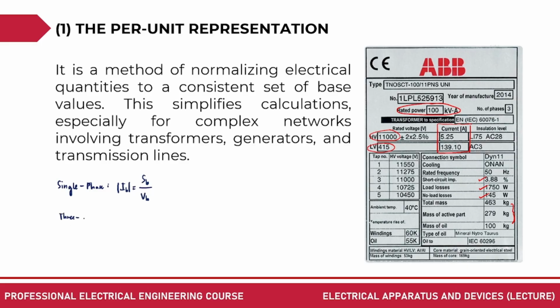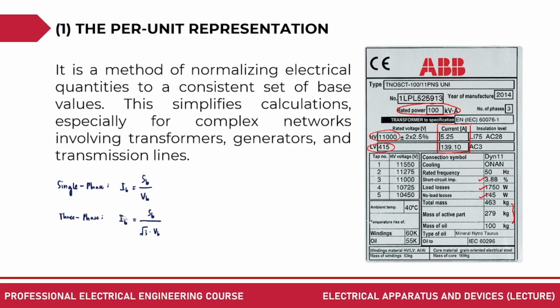Now for three phase, we have I sub B as S sub B divided by square root of 3 times V sub B. So you will not have any problems using VI conjugate to get your S sub B, because we're only pertaining to I sub B as the magnitude only.